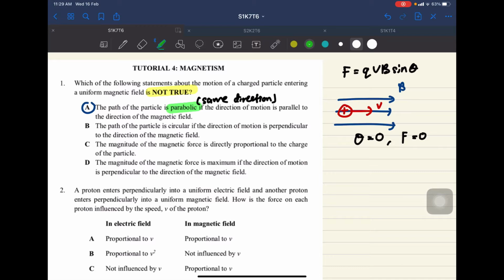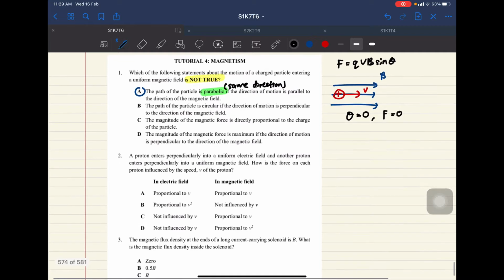Let's just check answer B. The path of the particle is circular if the direction of motion is perpendicular to the direction of the magnetic field. Okay, this one is correct. You can imagine this as if it is a spectrometer. You have a magnetic field going into the page, and let's say the positive charge is over here.